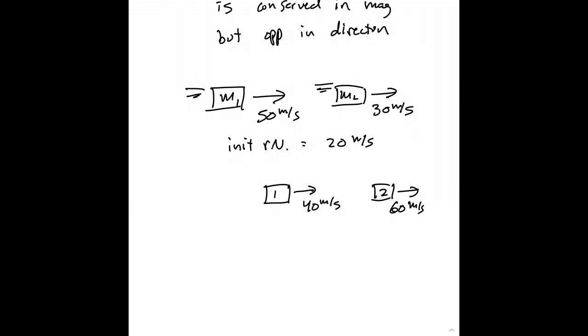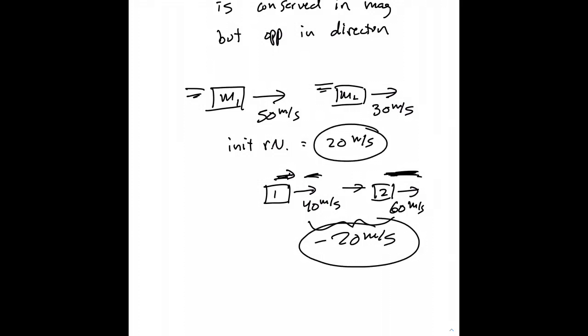And then the relative velocity would still be 20 meters per second, but instead of coming together, the second block would be moving farther and farther away. The first one would be moving to the right as well, but not quite keeping pace, and over time the two of them would actually end up farther apart from each other. So that's the idea. Relative velocity is conserved in magnitude in an elastic collision.